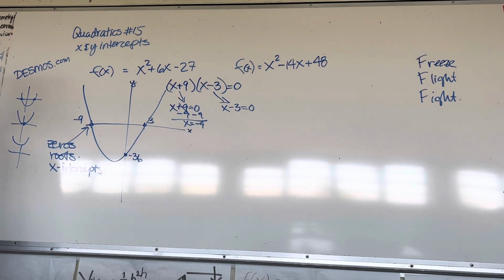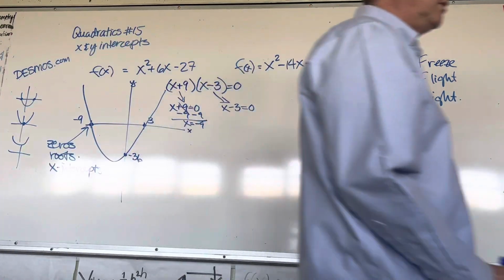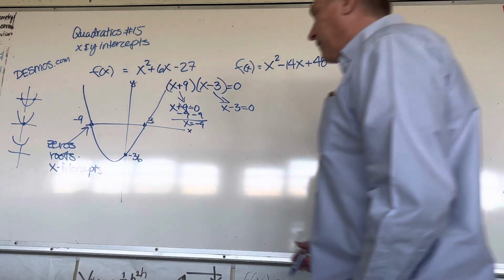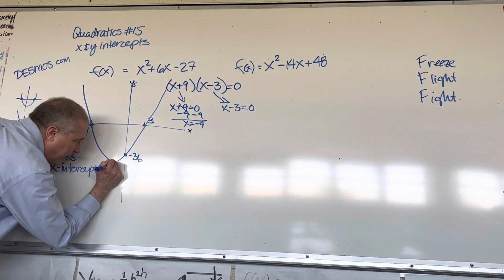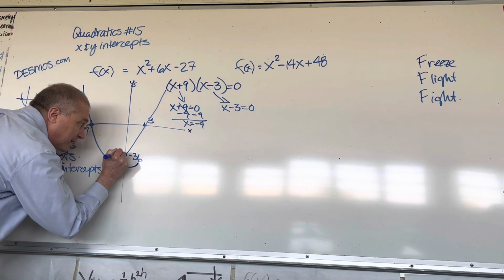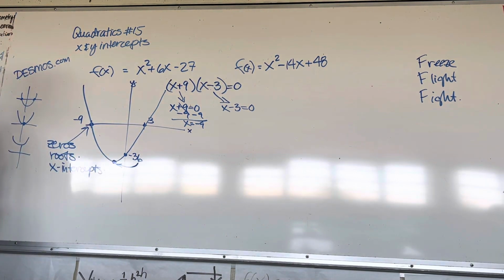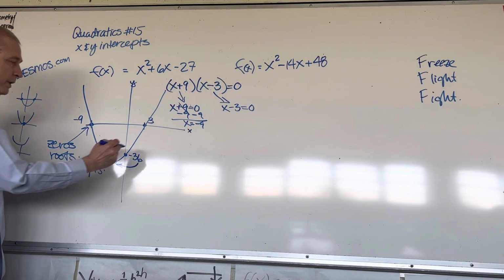Are you clicking on it? No? That's the vertex. Right here is negative 36. Look at where this thing crosses the y-axis and click on that one. Oh, then it's negative 27.